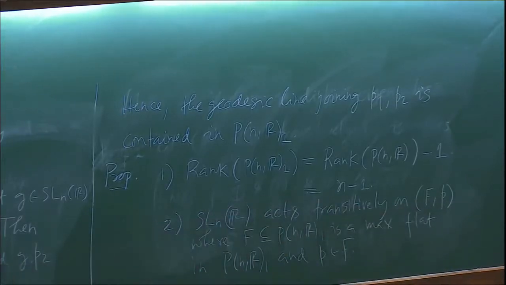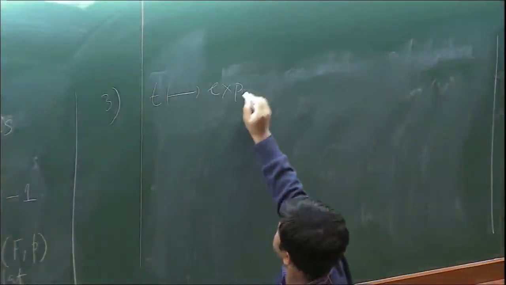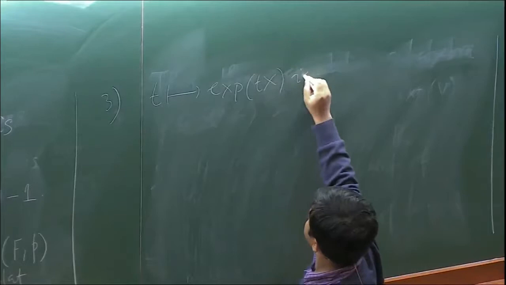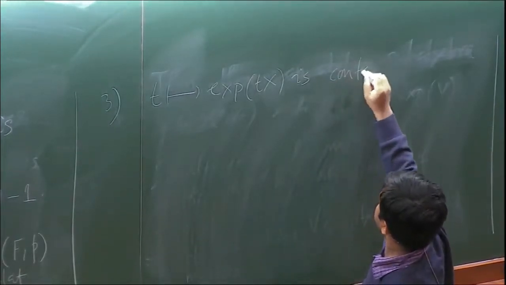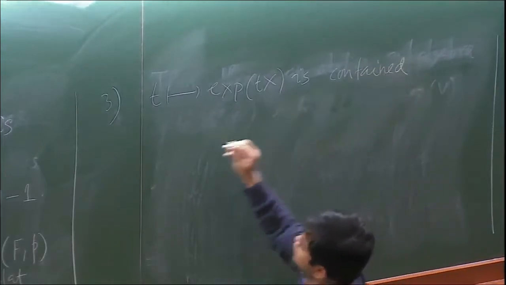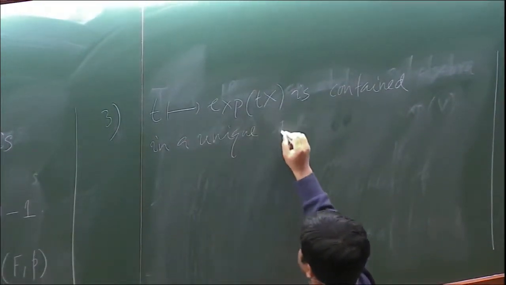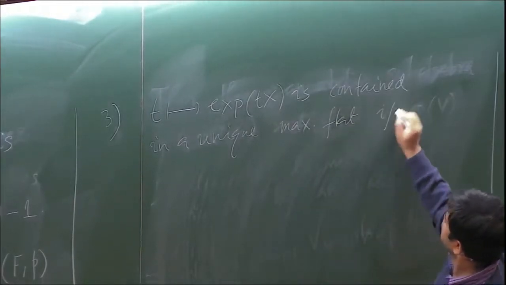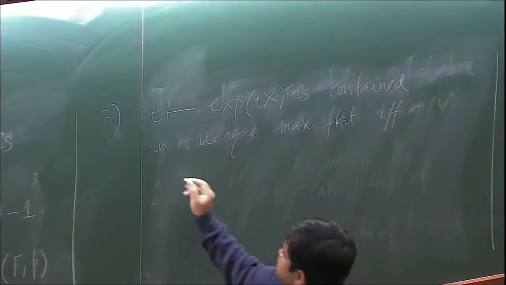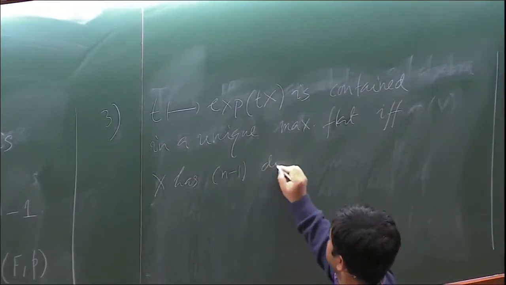And a similar statement holds about regular geodesics: t going to exponential tX is a regular geodesic that is contained in a unique maximal flat if and only if the eigenvalues of X are all distinct. X has n minus 1 distinct eigenvalues.